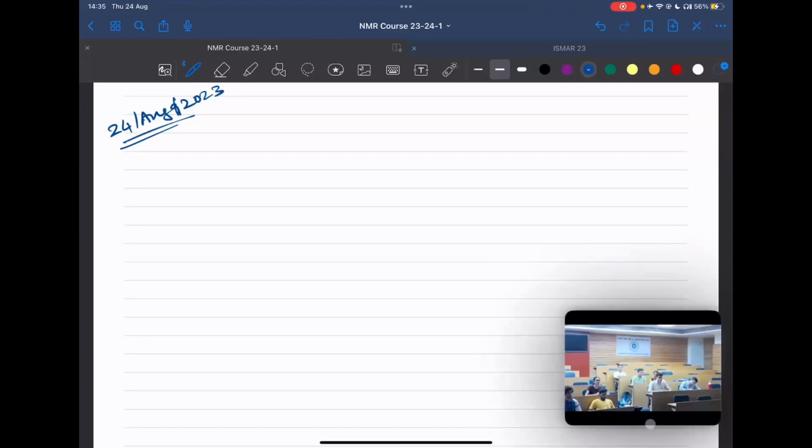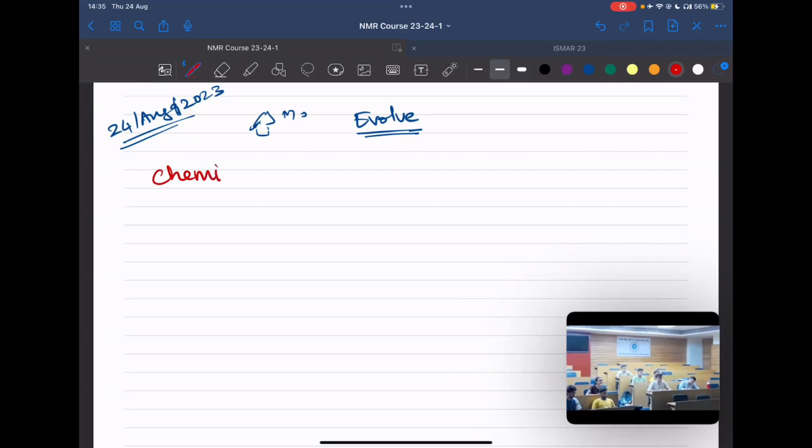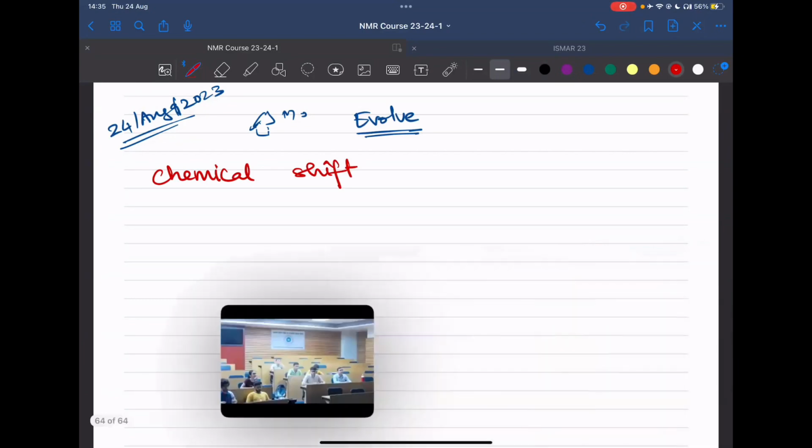Now that we have done the initial part of the magnetization and how it evolves as a function of time, the next series of steps that we saw were: what is chemical shift? I said that the chemical shift arises because you have differing electron clouds.